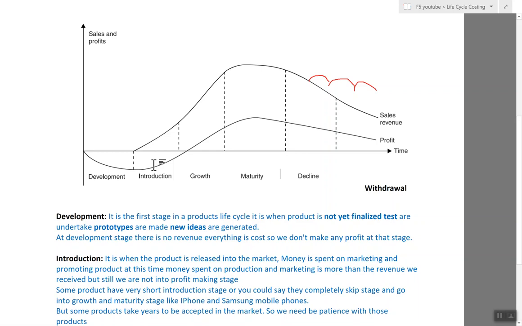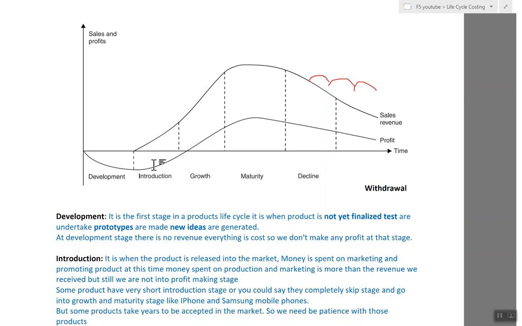We are not yet in the profit stage. Remember, the introduction stage for different products is different. Some products don't even have an introduction stage. As soon as they are released, the demand peaks. So I'm talking about the usual life cycle of products, the normal, the average product life cycle.